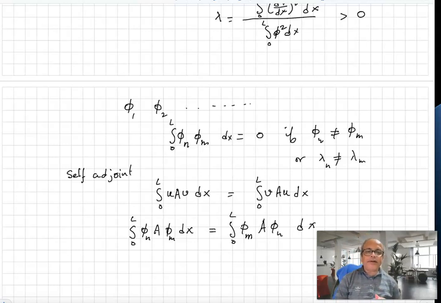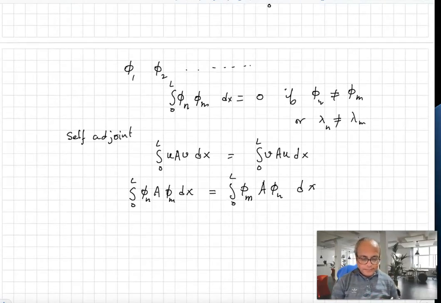Okay, since the operator is self-adjoint, then it satisfies this property for its eigenfunctions. So you take any eigenfunction phi n, phi 1, phi 2, phi 3, whatever it is, take another eigenfunction phi m, and then construct this equation. Now, because this is an eigenvalue problem, we can say A times phi n, or A operates on phi n, is minus lambda n phi n from the equation, right?